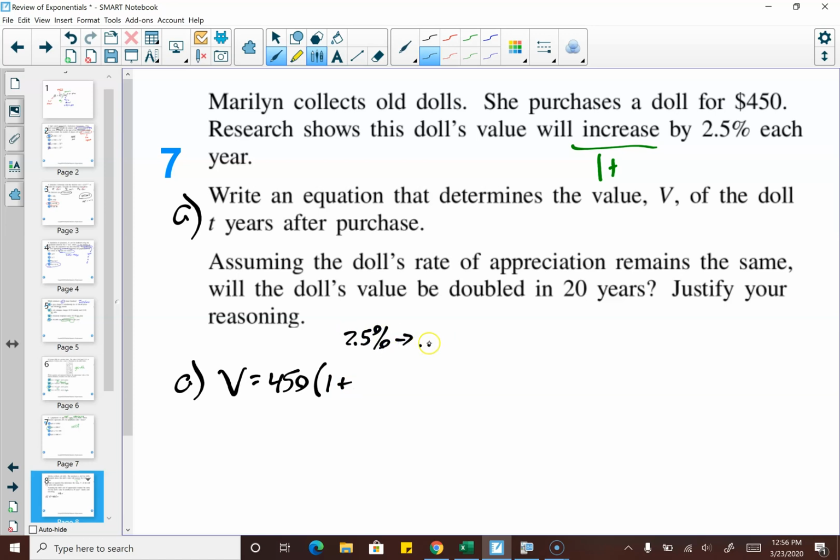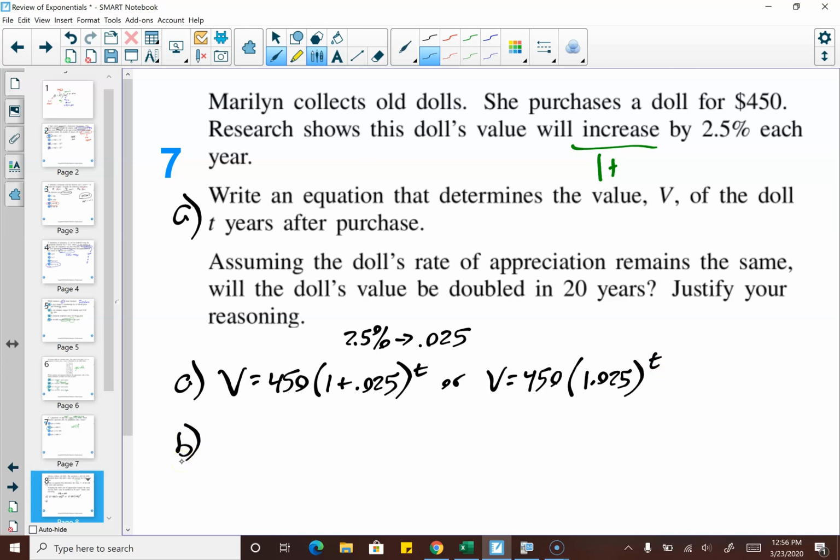If we make that into a decimal, we move our decimal place 2 spaces. That gets us 0.025, and then to the t. Okay, you could leave that exactly where it is, but just recognize that if you were to add the numbers together in the parentheses, they would mean the exact same thing.